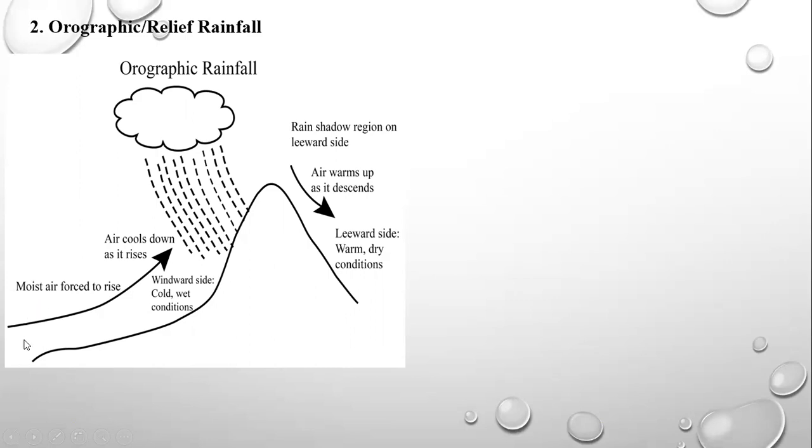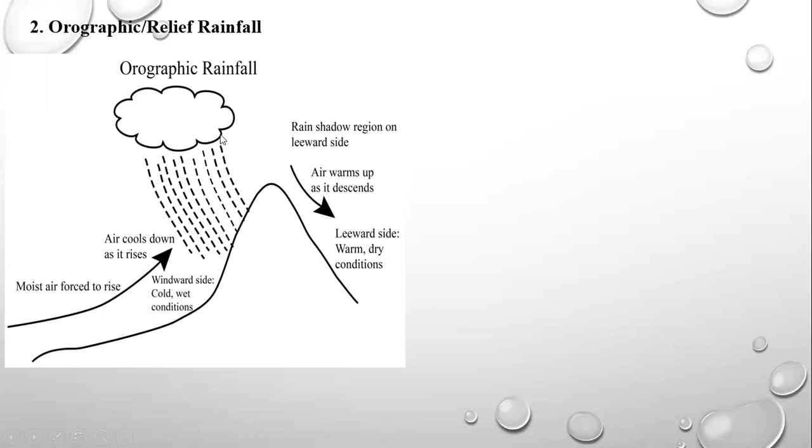This moist air coming from the sea will move towards the mountain barrier, and as it meets the mountain barrier, the air which is moist is forced to go up. So it will go up, and when it goes up, it will cool down and condense to form clouds which bring about rainfall on the windward side.